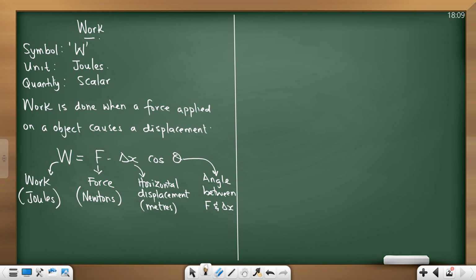I always like to stress all the variables and the units so that you are well prepared for applications. It therefore means that 1 joule can be written as 1 Newton meter. F is force in newtons, displacement in meters, so force times displacement is Newton times meters.